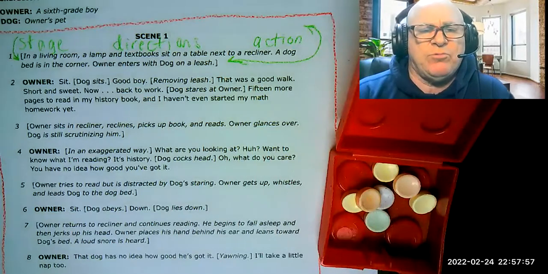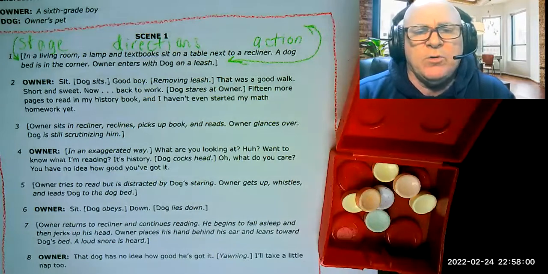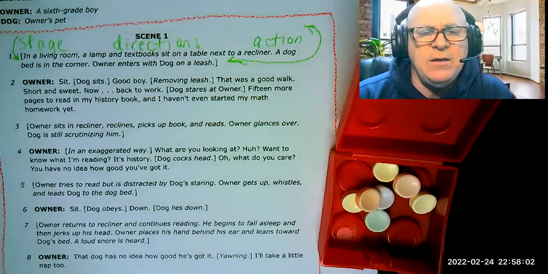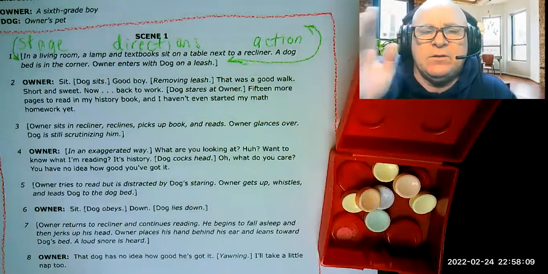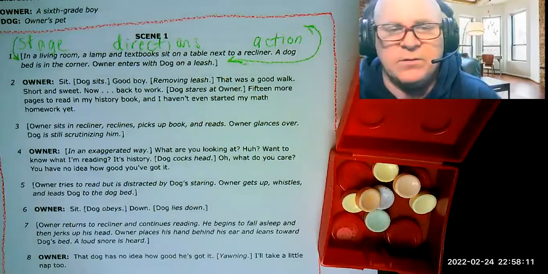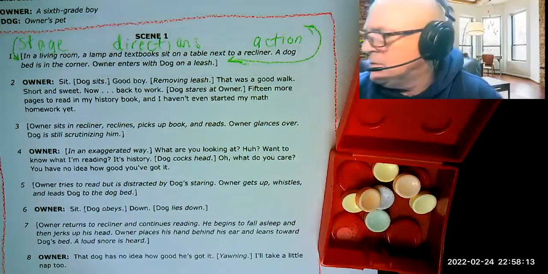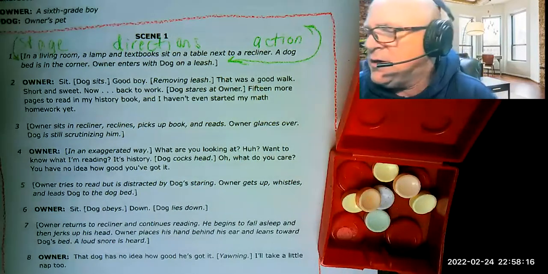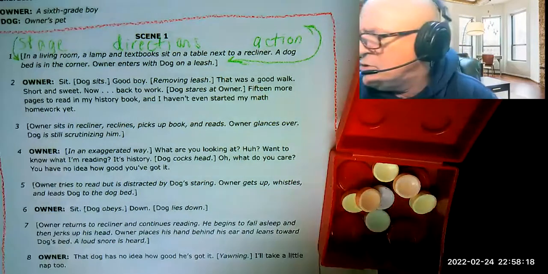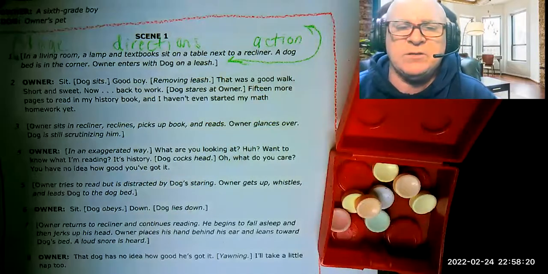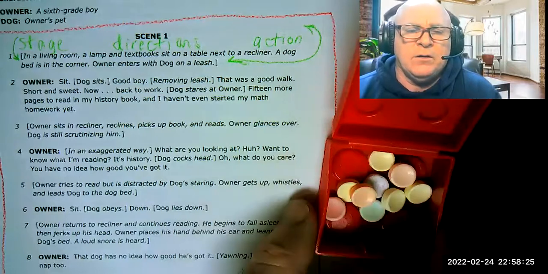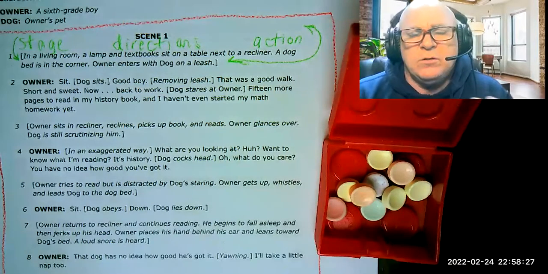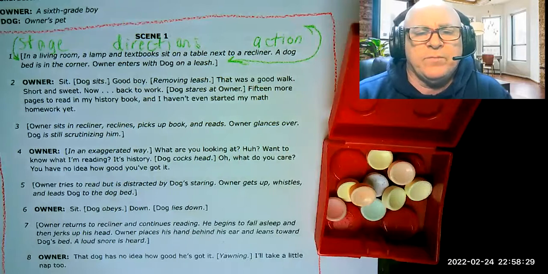15 more pages to read in my history book, coordinating conjunction, comma, and fanboy: I haven't even started my math homework yet. If you want to talk to the students about a coordinating conjunction, when you join two independent clauses with a comma and a coordinating conjunction, then you could give an extra little Smartie.